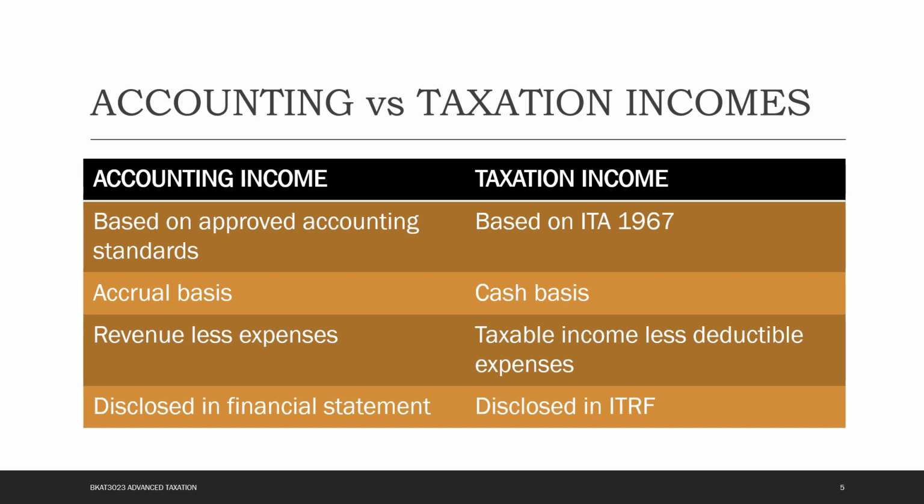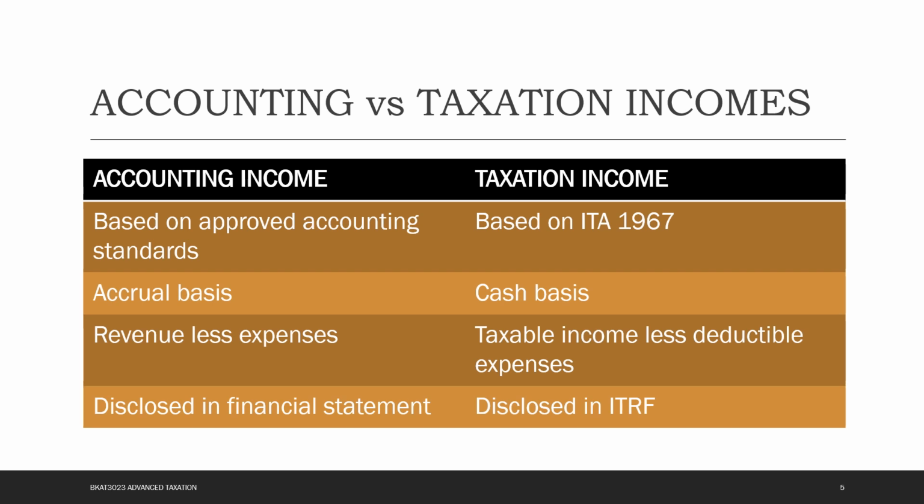taxation will be based on the Income Tax Act 1967, and normally we prepare the taxation based on cash basis, which means that if you receive the income, regardless of whether it is for future years, it will be taxed in this year. Okay, and then taxable income less deductible expenses.